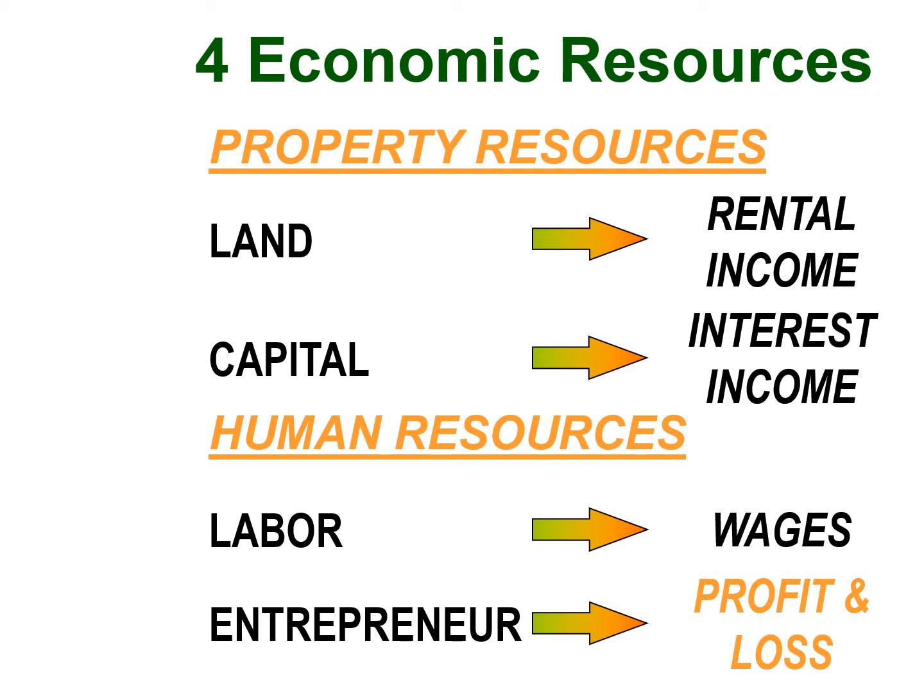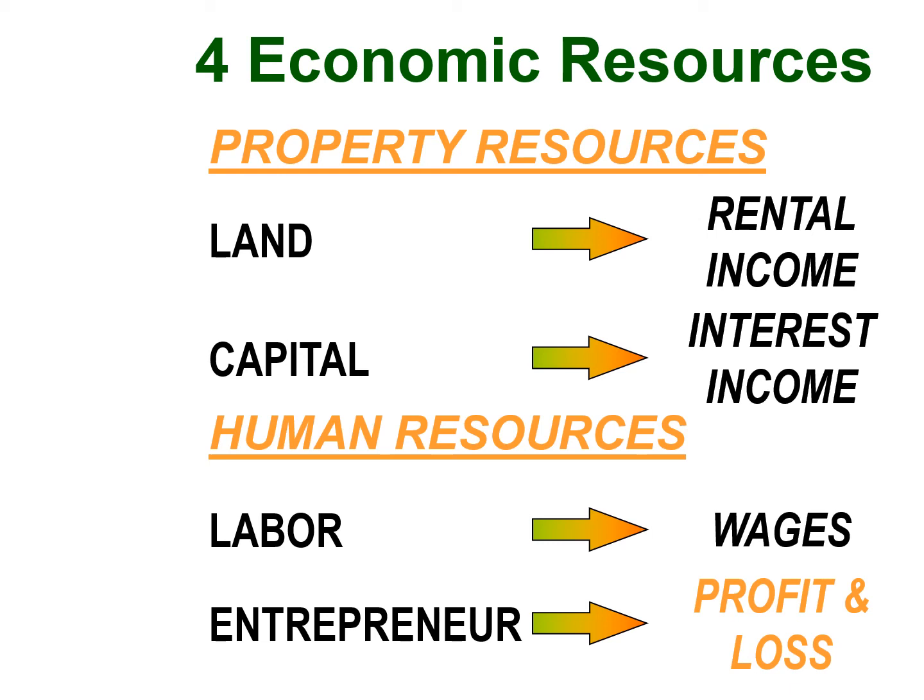The human resources. Labor is the easiest one to explain. A laborer is simply the physical or mental abilities of human beings used in some productive capacity, and labor receives wages. For an economist, fringe benefits such as health care or contributions to a 401k are all part of the wage income received by labor. The entrepreneur is a unique human resource.